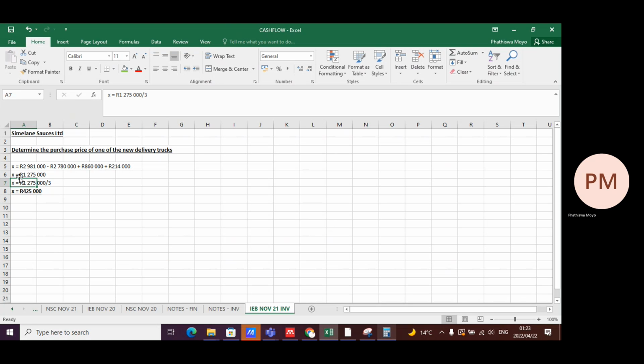So this 1,275 is an outflow. So we've worked out what each vehicle cost.